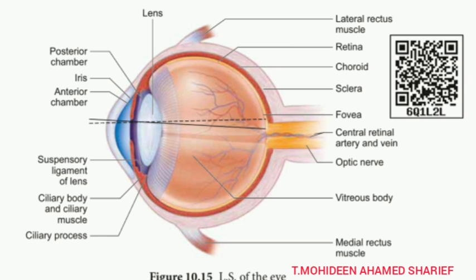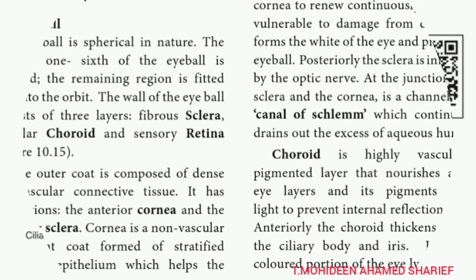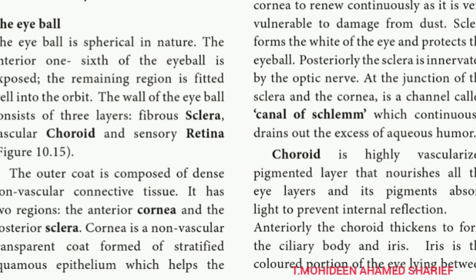Tears are secreted at a rate of 1 ml per day and contain salt, mucus and lysozyme to destroy the bacteria. The eye has two components, the anterior and posterior components. The anterior component has two chambers.